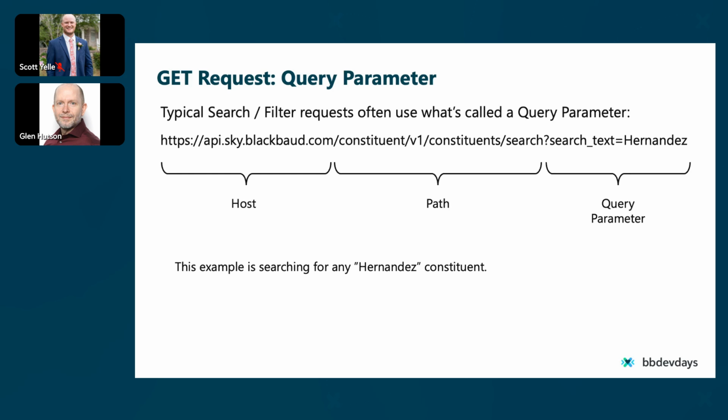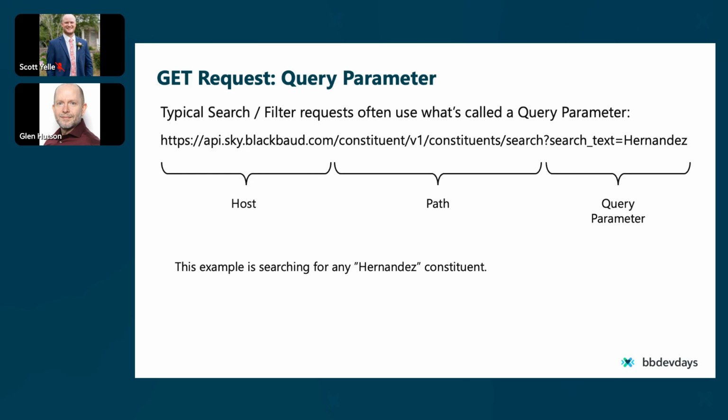So when we're taking a look at the API behind the scenes for SKY API, again, for those of you who were in the session yesterday, there is an API specifically for searching for constituents within Raiser's Edge NXT. The host for that is going to be api.sky.blackbaud.com.